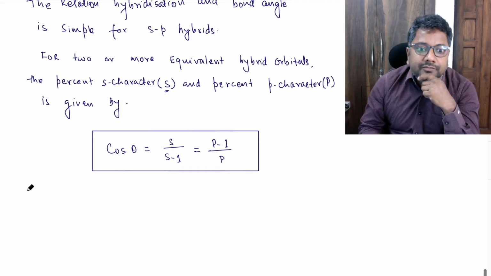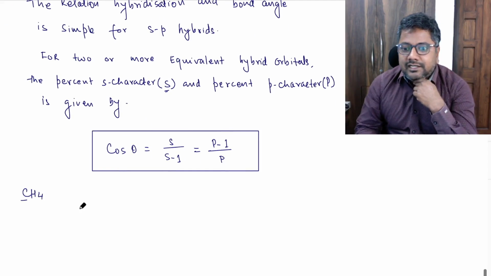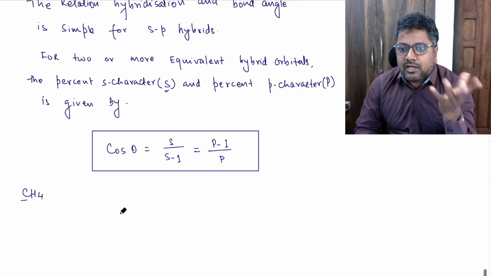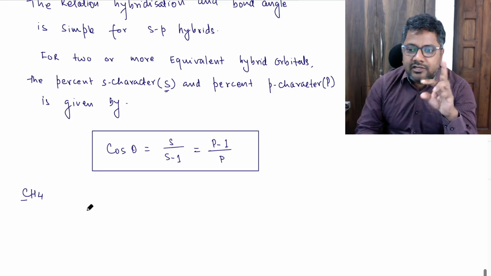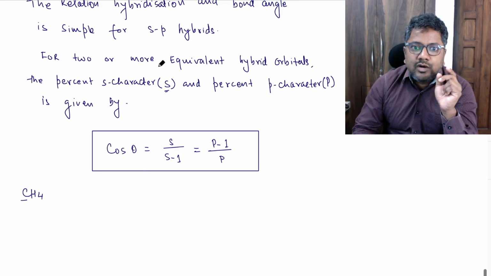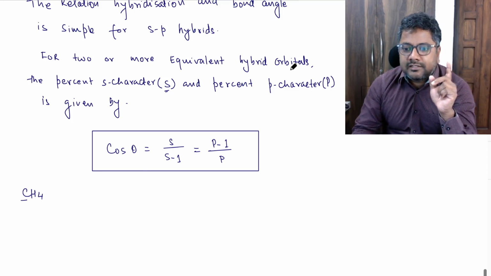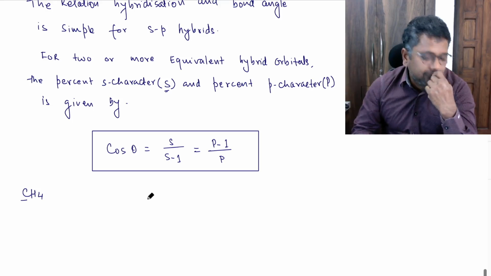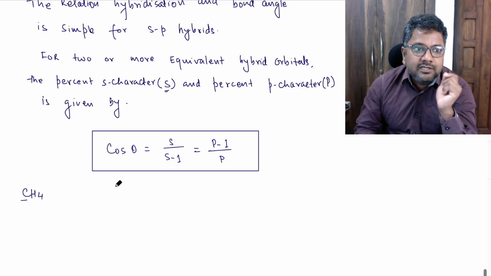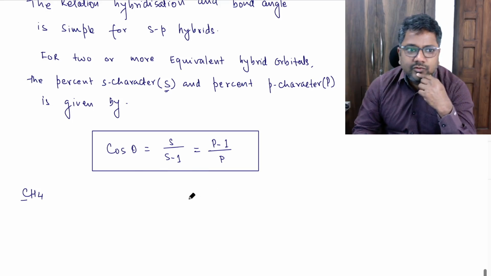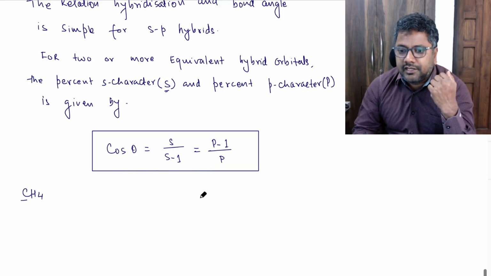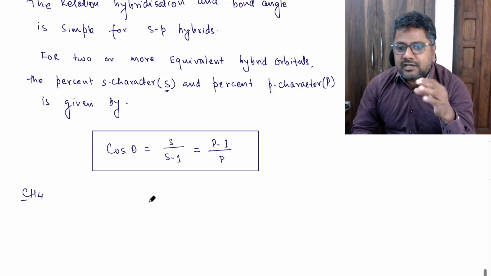Suppose we have methane. All of you know that in methane, all four hybrid orbitals are equivalent. So what is the angle between two equivalent hybrid orbitals here? It is 109 degree 28 minute, or 109.5 degree. And what is the percent character?